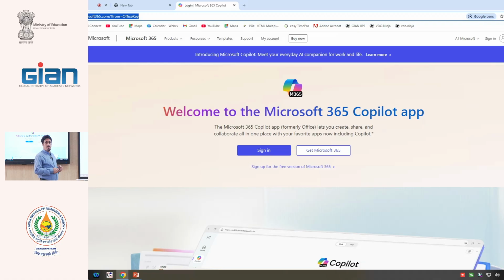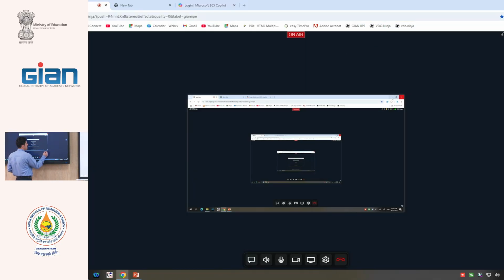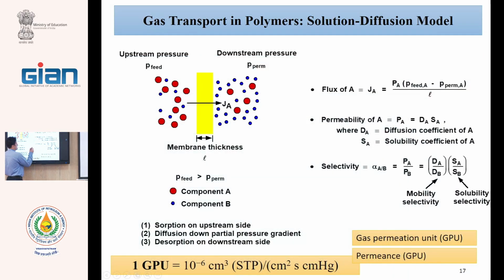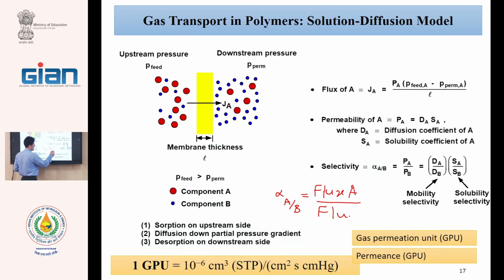The selectivity alpha A to B is the flux of A to the flux of B. In the lab, we measure the volume of the gas passed, that means the flux: this gas in which time passes, and the area of the membrane.